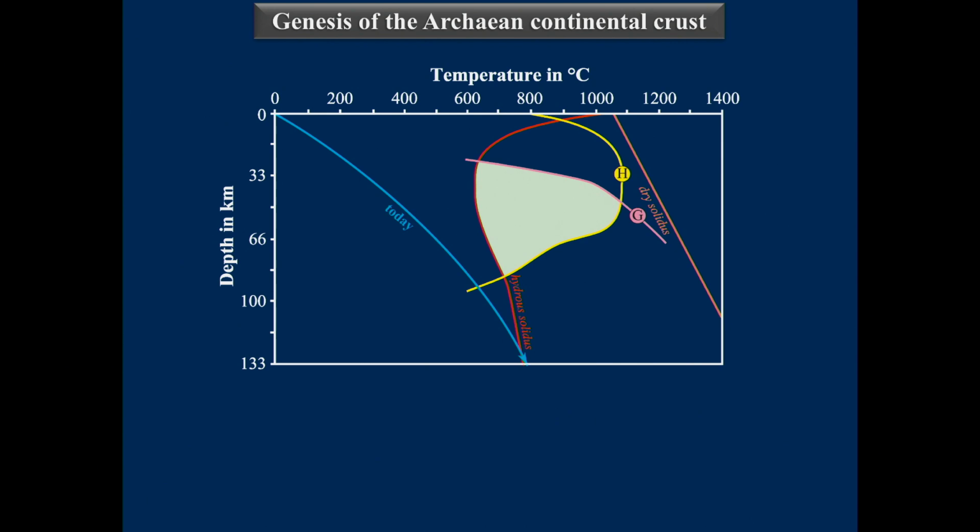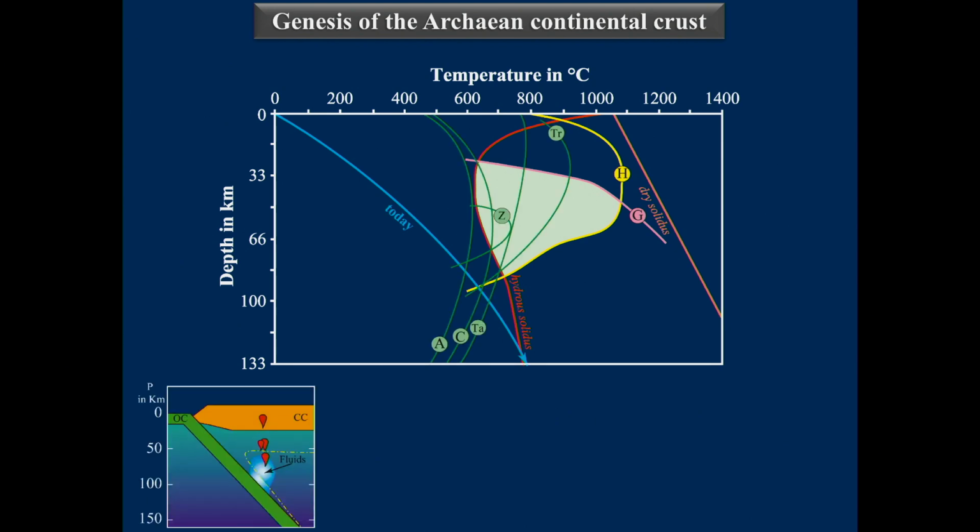But there is something worse. What is worse? I put here some dehydration reactions. So some minerals that contain water and that release water due to pressure and temperature. So this one is actinolite, chlorite, talc, zoisite, tremolite, and so on. And you see that if we follow this geothermal gradient, the subducted basalt will dehydrate before reaching the temperature of melting.